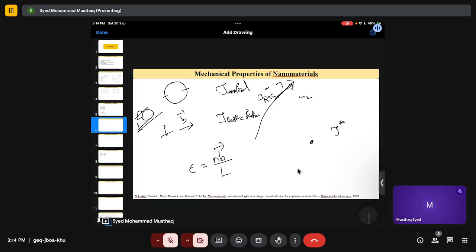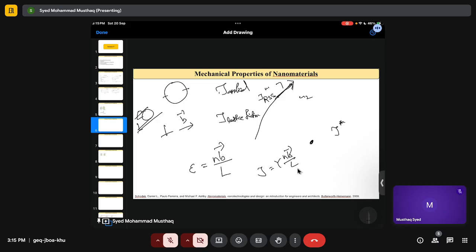Now what is my shear stress? It will be equal to Young's modulus times n times b over L. Now, what should be my critical stress required to initiate the dislocation here in grain 2?